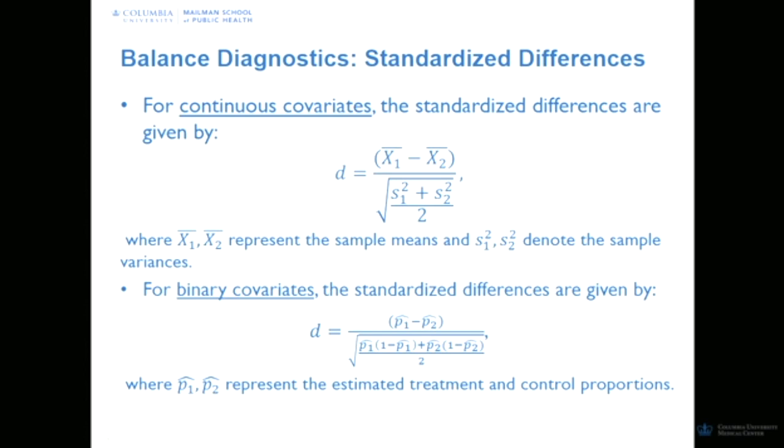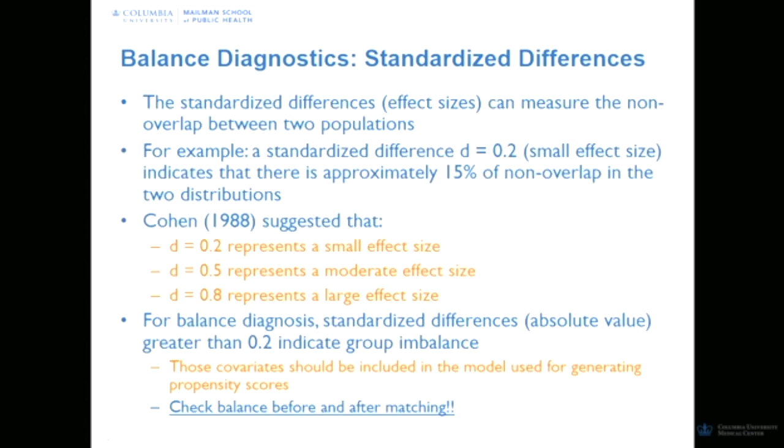For binary covariates, the standardized difference is given by the formula shown below with the estimated proportions, again for two groups. Now, I mentioned D as in Cohen's D or effect size. That's exactly what it is.